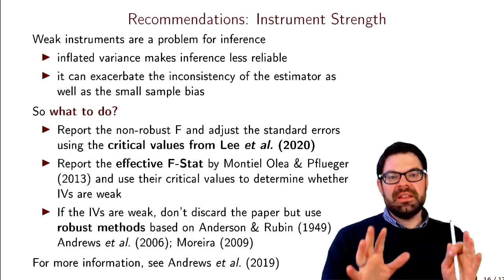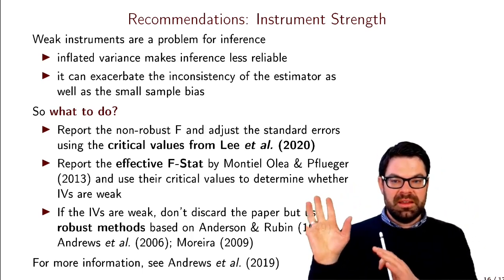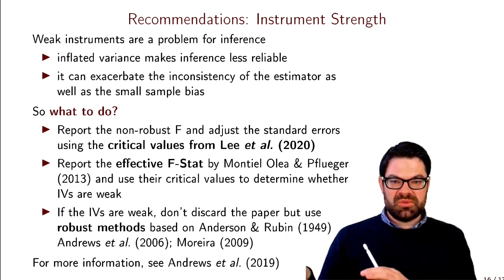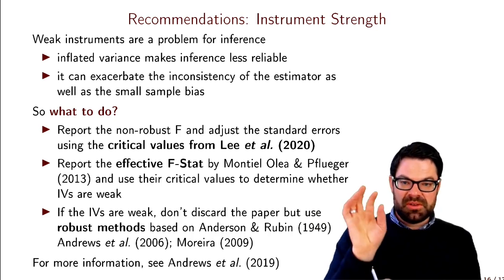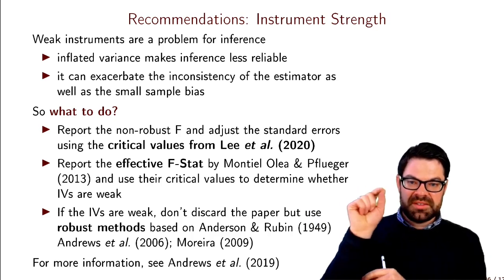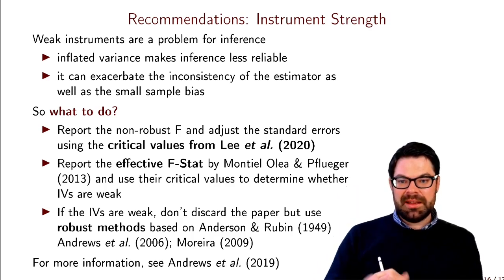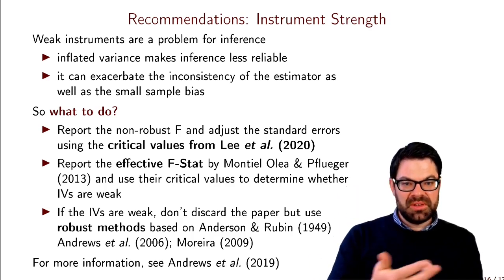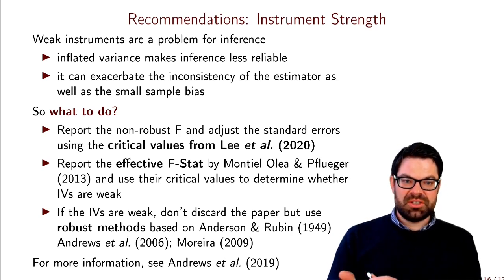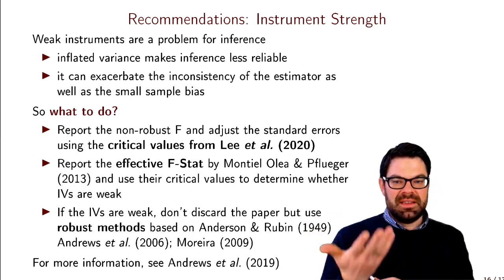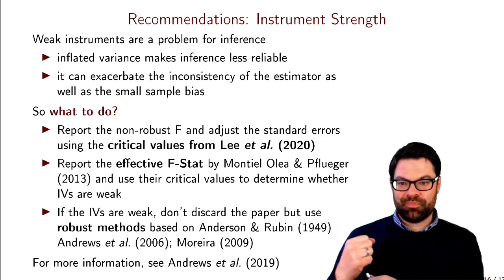So these are the recommendations when you write an IV paper regarding the instrument strength. We've seen that weak instruments cause all sorts of problems because they inflate the variance. They really complicate statistical inference and also exacerbate things like the inconsistency if the exclusion restriction doesn't hold, and they exacerbate the small sample bias that is inherent in IV estimation.